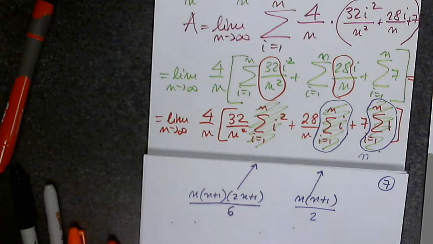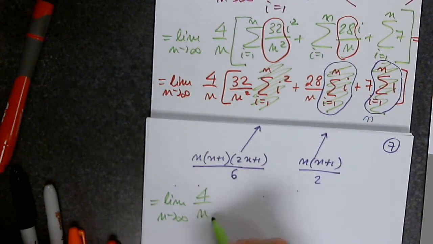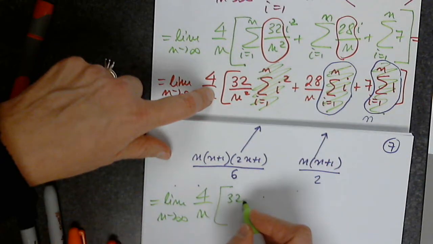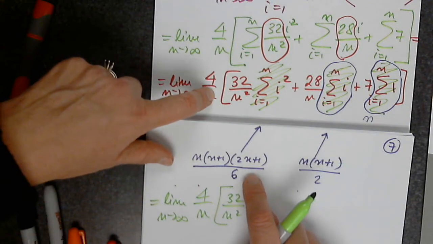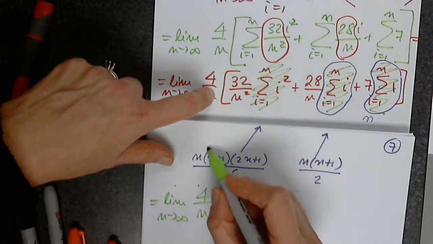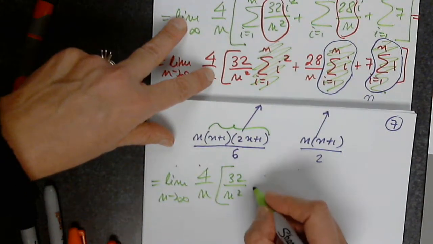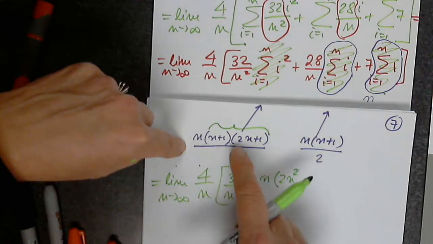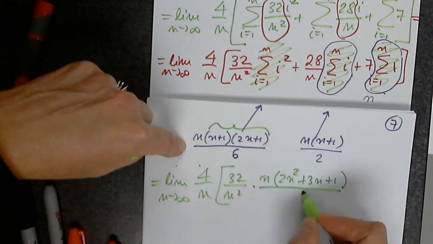So now I continue. Limit as n approaches infinity 4 over n. So now I have 32 over n squared. And I replace this by this. But I will already multiply these two. So then I have multiplied by n, and this is 2n squared plus 3n plus 1 over 6.